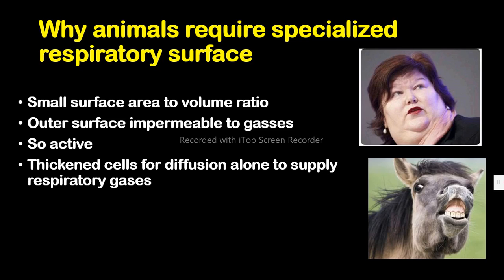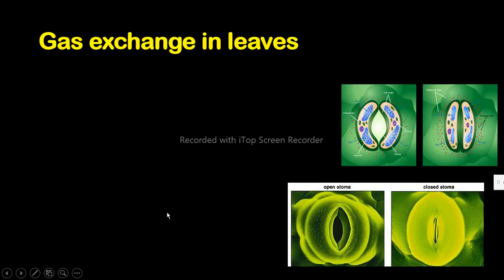And so you would have a gas exchange apparatus together with a transport system to distribute these gases throughout the entire body.